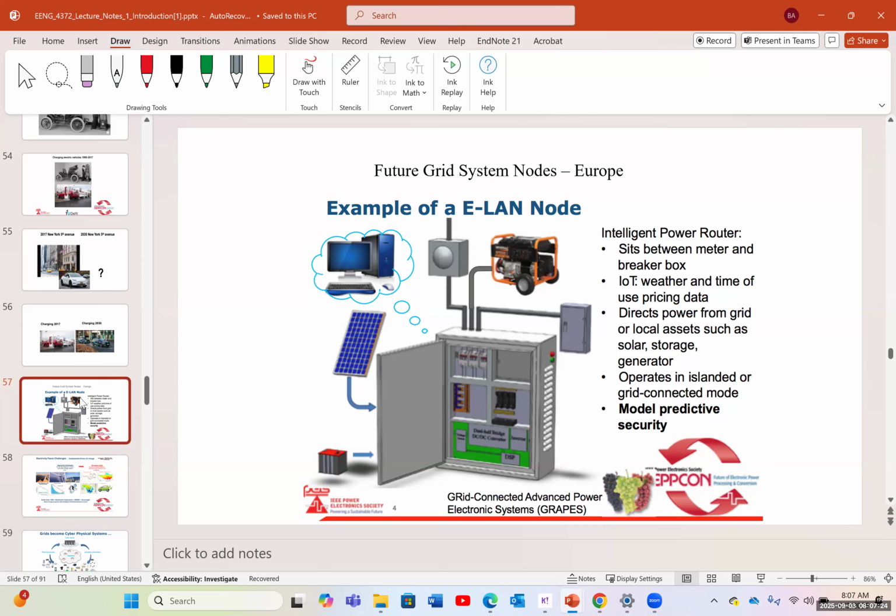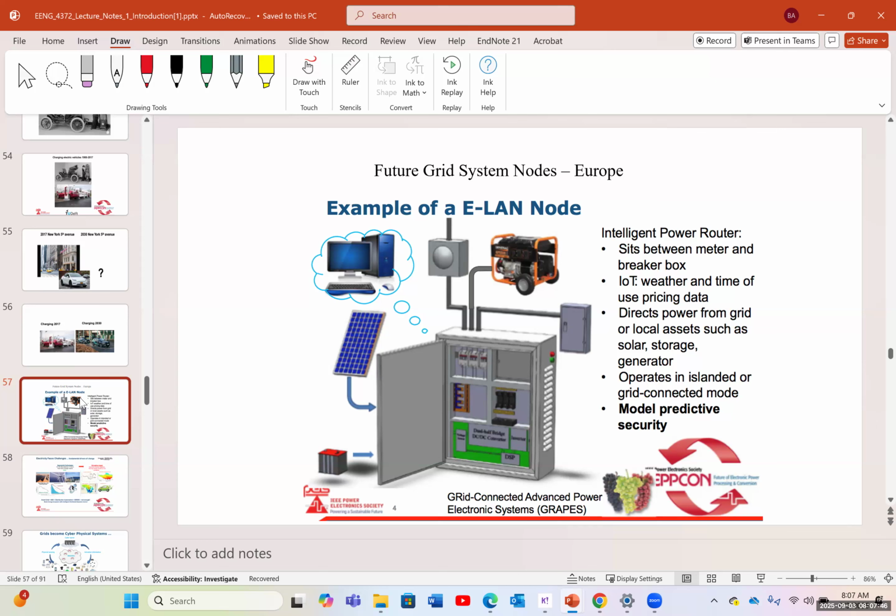These direct power from the grid or local assets such as solar, storage and generators. They operate in island or grid-connected mode. And one example that we give is what we call grid-tied or off-grid systems.